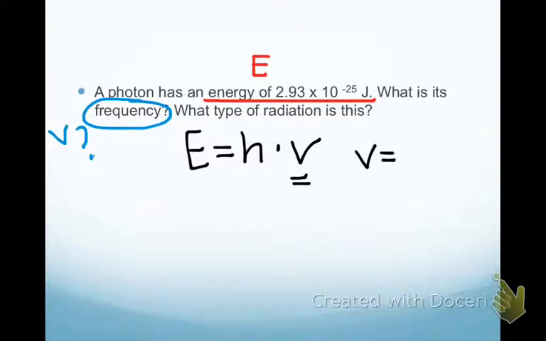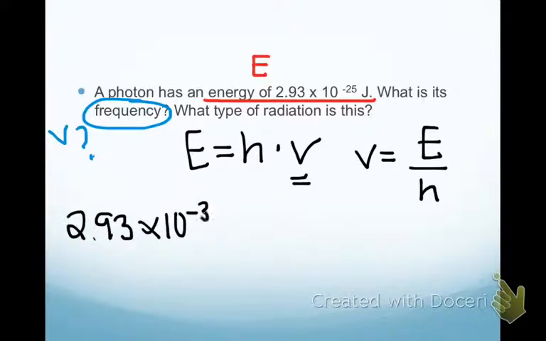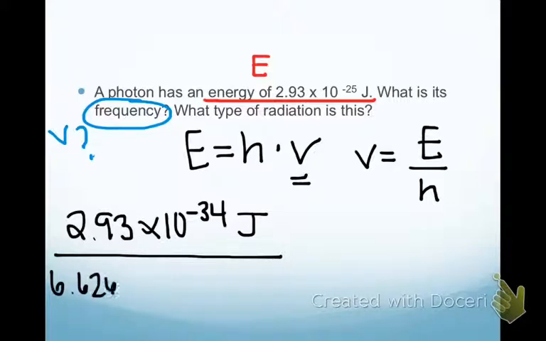So frequency will equal E over H. Now I'm going to plug in my values from what I know. So my energy was 2.93 times 10 to the negative 34, and I'm going to write the unit joules there. Divide that by Planck's constant, which was 6.626 times 10 to the negative 34 joules times seconds.